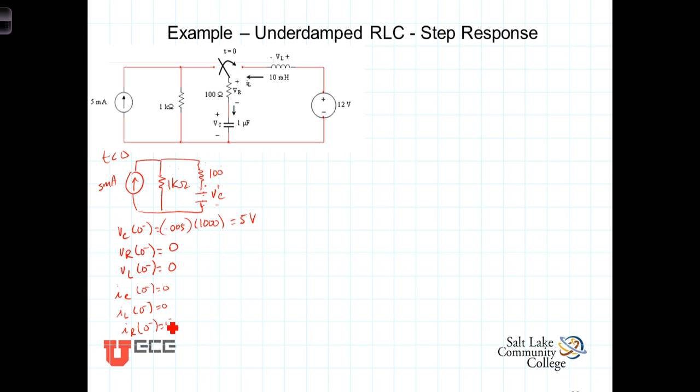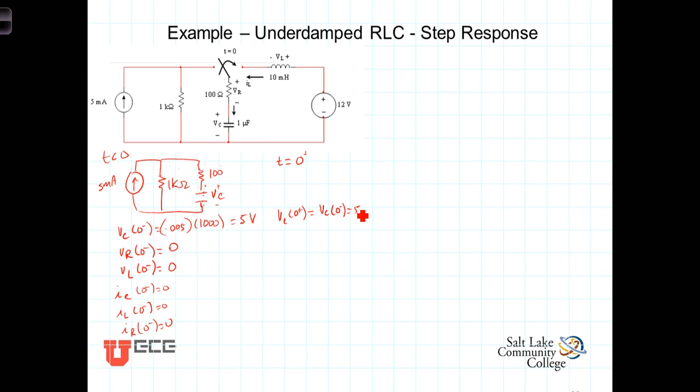Now, let's get the conditions at t equals 0 plus, so just the moment right after the switch closes. And we can do those down here. We know that the voltage across the capacitor at 0 plus is going to be exactly what it was at 0 minus, which is 5 volts.